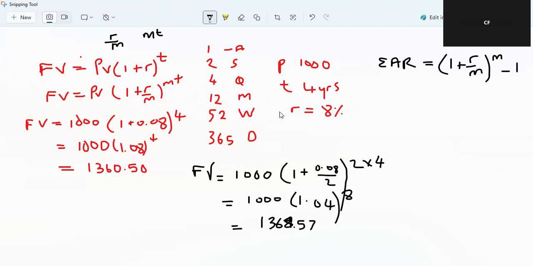If it's compounded quarterly, we're going to say 1 plus 8%, so 0.08 over 4, to the power 4, minus 1. So this will be 1.02 to the power 4 minus 1. What do we get?